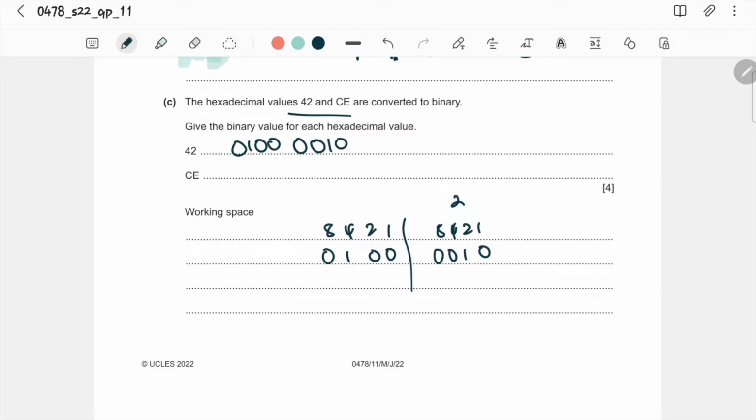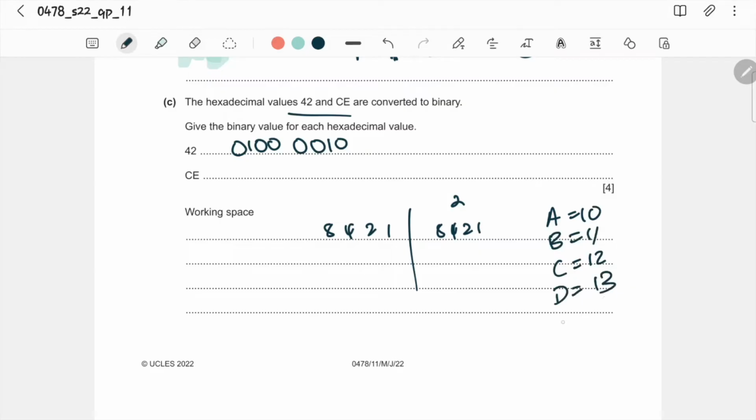Okay, we go to CE. Now A is 10, B is 11, C is 12, D is 13, E is 14, F is 15, isn't it? So if I want to make E, which is 14, that's going to be 8 plus 4 plus 2, so 0, 1, 1, 1.